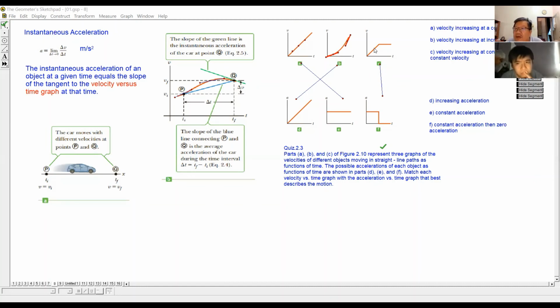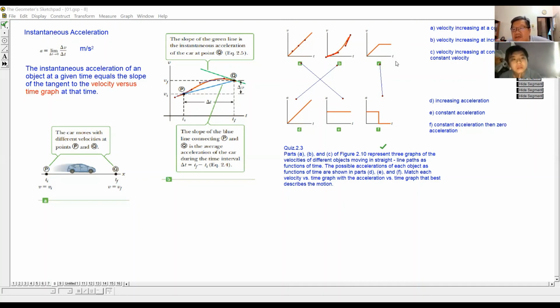Is acceleration constant or increasing? The velocity is increasing until a certain point, where the velocity becomes constant.